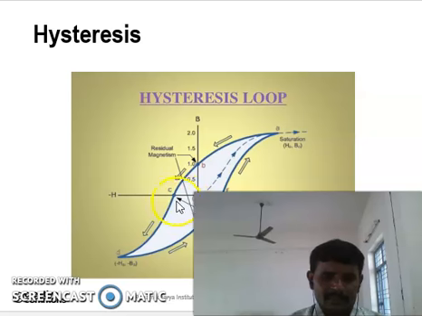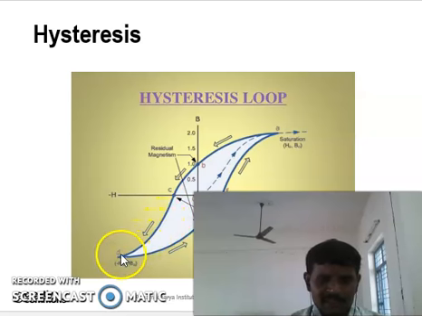Again, the applied magnetic field increases in the negative direction. The magnetization slowly decreases in the negative direction and attains a maximum value in the negative direction as well. This is saturation magnetization in the negative magnetic field. This is half of the loop, from O to A, B, B to C, C to D. Next, the remaining half loop is closed by increasing the magnetic field from negative to zero, and zero to positive.